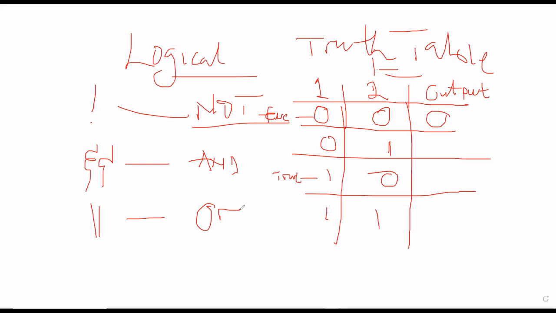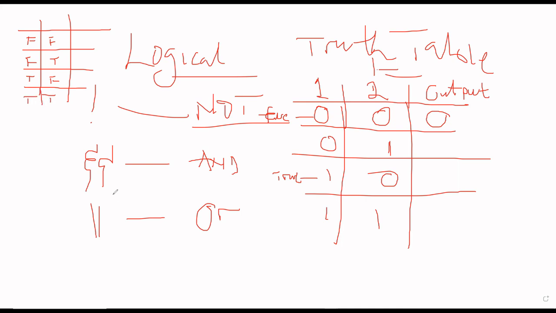If I want to rewrite this truth table in form of false and true, I will say false, false, then false, true, then true, false, then true, true.